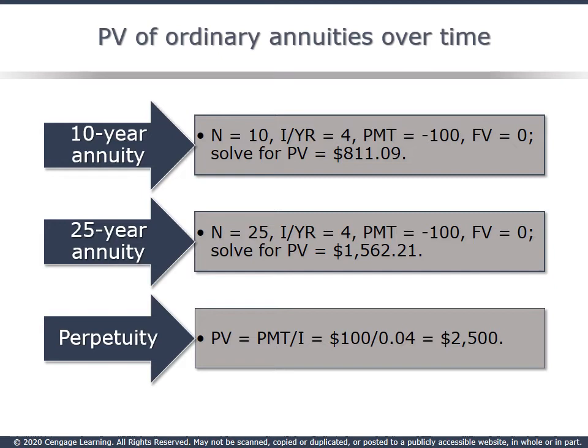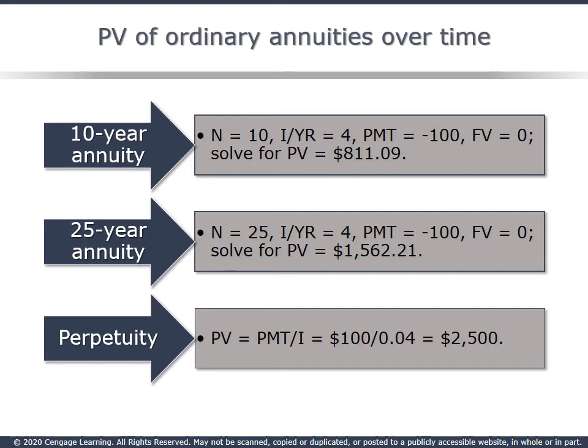And finally, there's something called a perpetuity. A perpetuity is an annuity that goes on forever. How do we solve the present value of a series of payments that goes on forever? N is infinity. Luckily for us, the formula breaks down into a simple ratio.